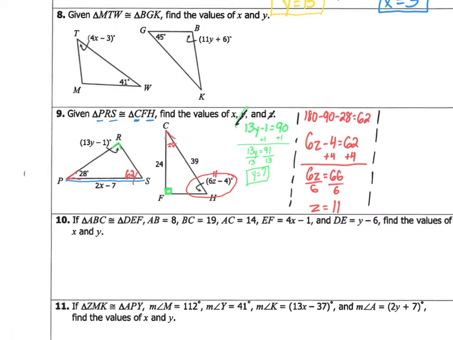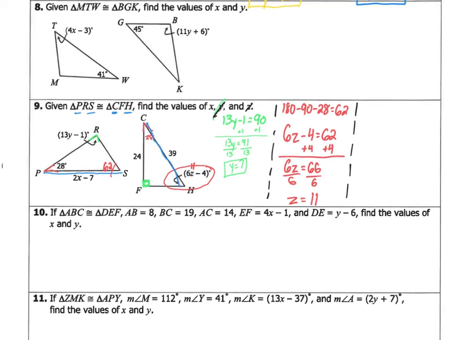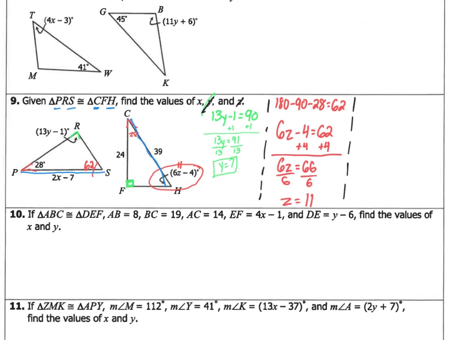So this one is going to equal 39. We have 2x minus 7 equals 39. Add 7 to both sides. 2x equals 46.